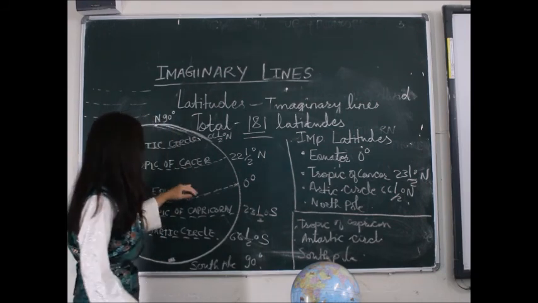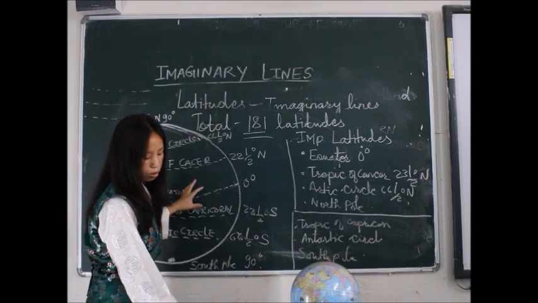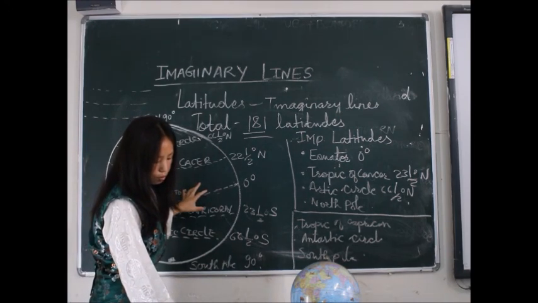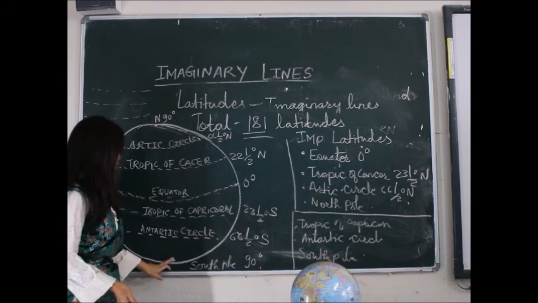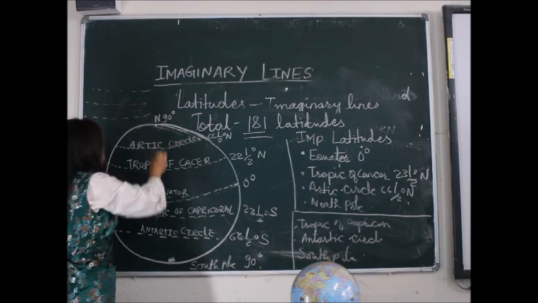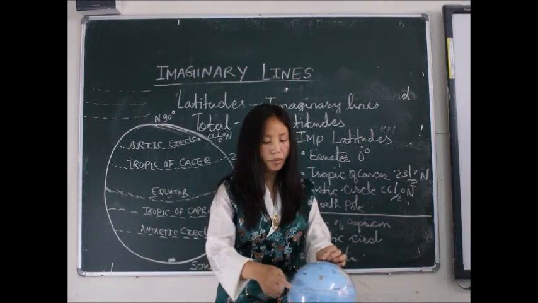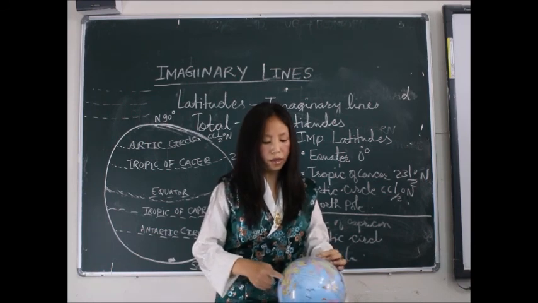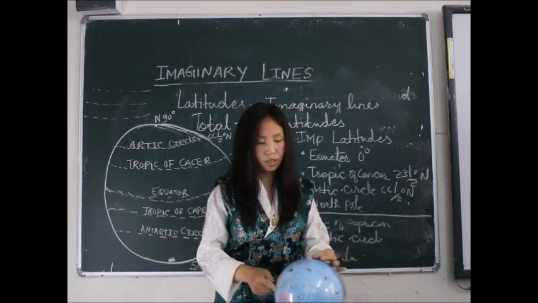And we have to remember that the equator only divides the earth into two halves, northern and southern hemisphere. North Pole and South Pole are just a point. They are just a point in the axis of the earth. Since the globe represents the earth, our earth is slightly tilted.